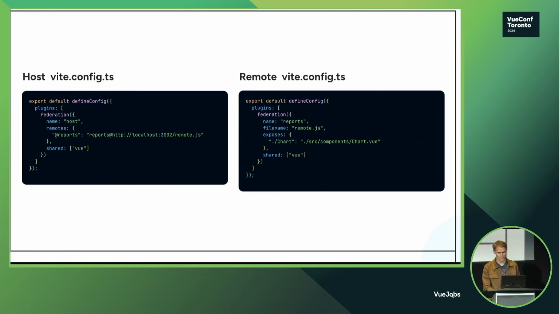And on the left, we have our reports Vite config file. And it needs to explicitly list all of the modules that it will make available to a host application. So in this case, it is making available this chart component using the chart name, and we'll get into that a little bit more in a second.